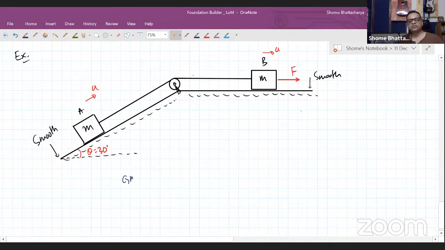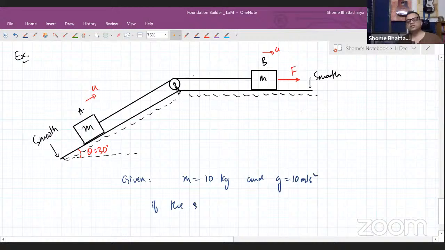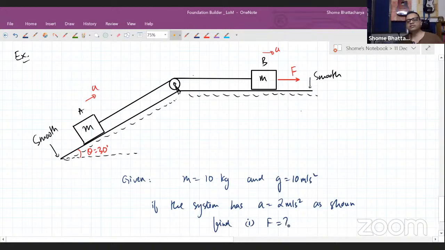Given that mass of each block is 10 kg and g is equal to 10 meters per second square, if the system has acceleration of 2 meters per second square as shown, then find the external force F that we are applying.